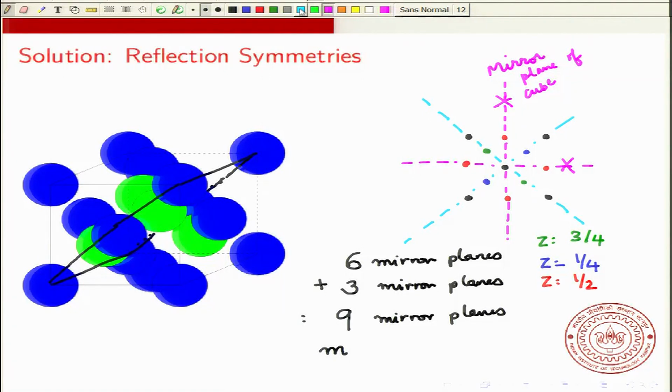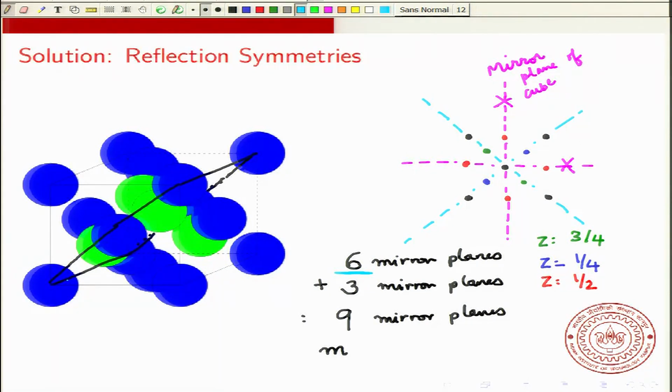So clearly you will get a total of 2 into 3, 6 mirror planes corresponding to these diagonals shown in light blue. So 2 in the xy, 2 in the xz, and 2 in the yz. Here on the cube I have shown one of these planes, what it looks like. So this is one of these diagonal planes.